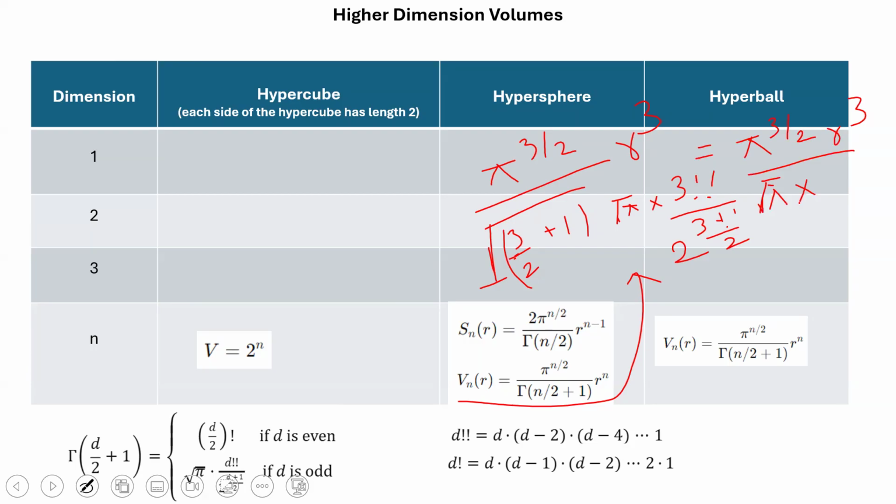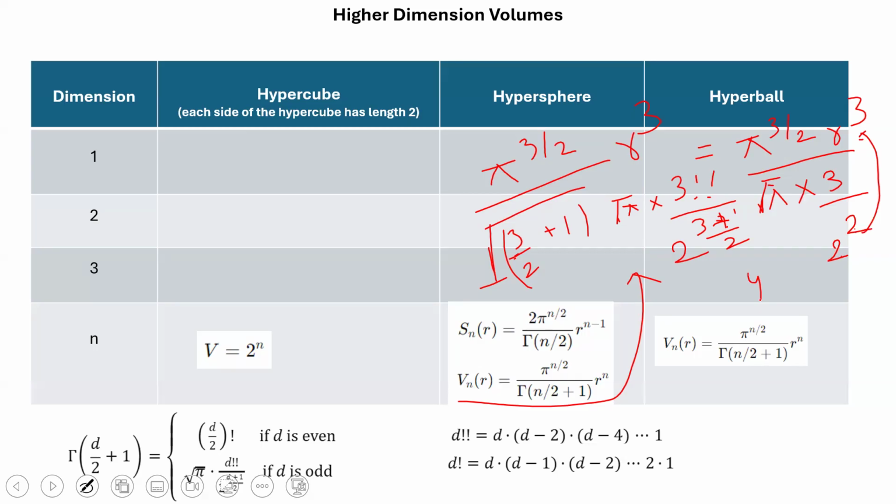What is the value of 3 double factorial? 3 into (3 minus 2), right? So that becomes 3 into 1. So that becomes 3 by 2 to the power of 2. Right? 3 plus 1 is 4, 4 by 2 is 2. So that becomes 2 square. So this is in the numerator, this will go into the top.